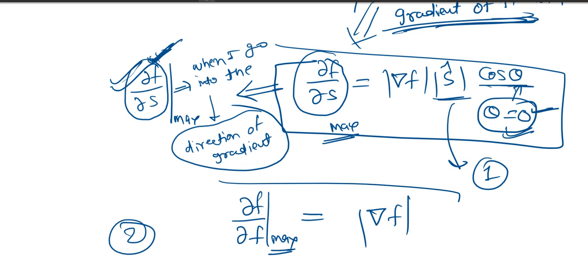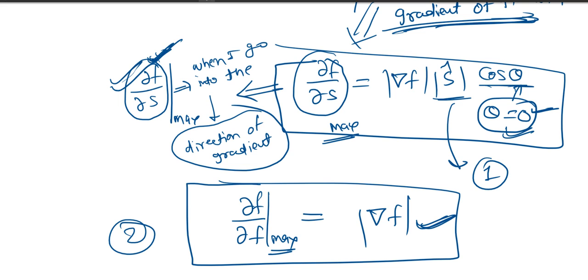So we said that delta f will be giving you the direction of the maximum steepness, but what is that maximum slope? That we can find by taking the magnitude of this gradient of f.